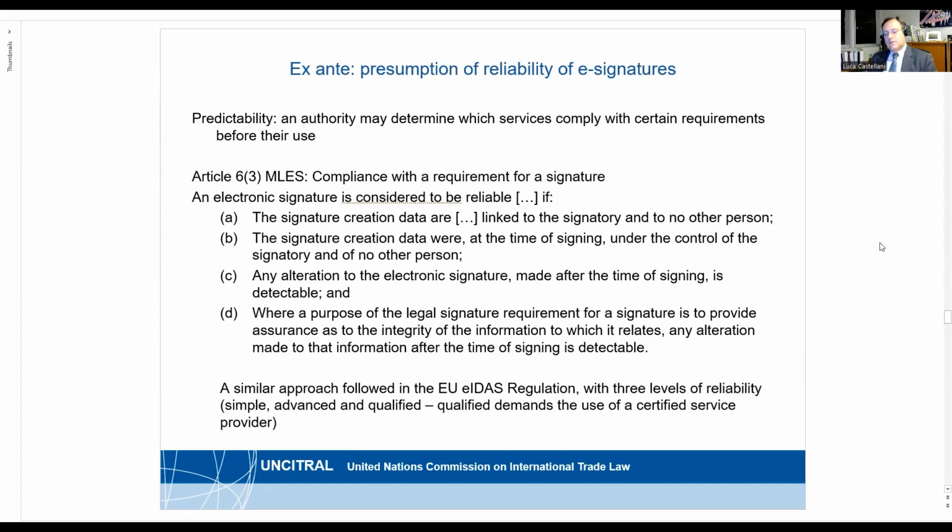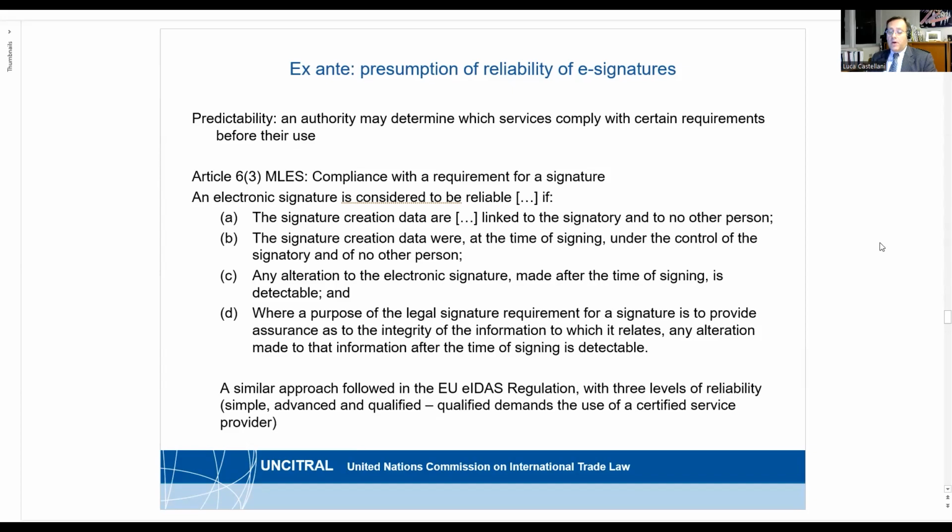That brings us exactly to these two different approaches on the assessment of reliability of electronic signatures. The so-called ex-ante, or approach before the use. So here we have some requirements. For instance, in Article 6, Paragraph 3 of the Model Law on Electronic Signatures, you see on the screen, these are technology neutral, but of course they describe what the electronic signature should do from a technical perspective.